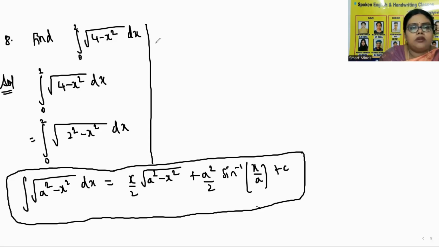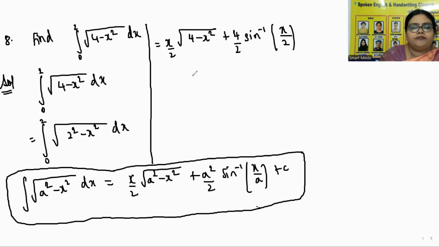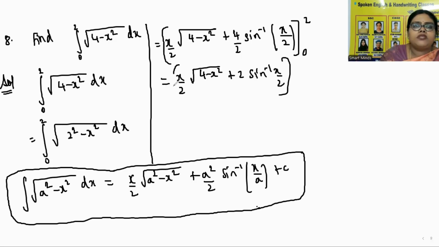So that is equal to x by 2 root over 4 minus x square plus, a is 2 here, so a square will be 4, 4 by 2 sine inverse x by 2, in the place of a we write 2. Over here we have to apply the limits 0 to 2. So x by 2 root over 4 minus x square plus 2 sine inverse x by 2 from 0 to 2.